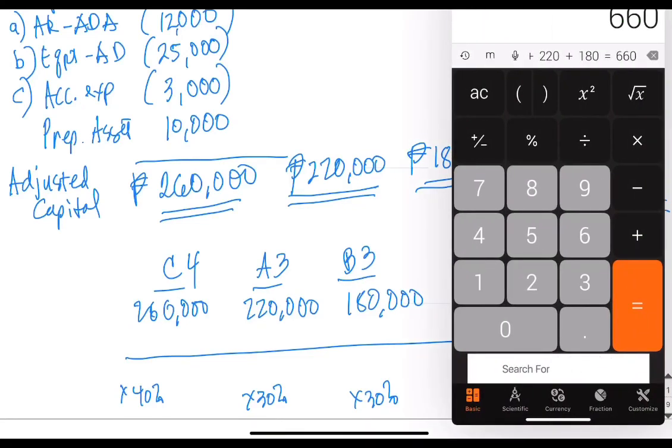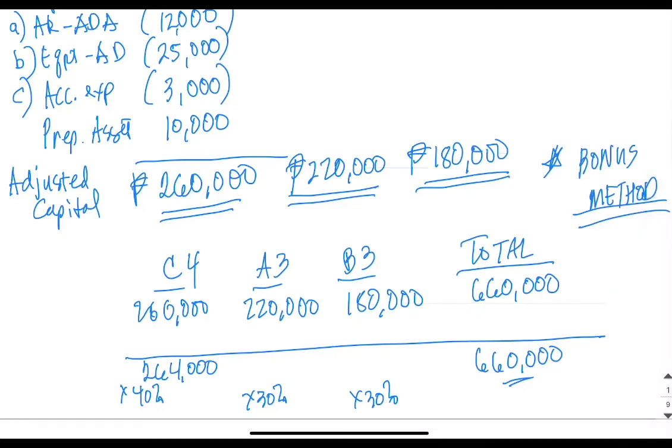So 660 times 40%, so it should be 264. And then 660 times 30%, so we have 198,000, and 198,000.